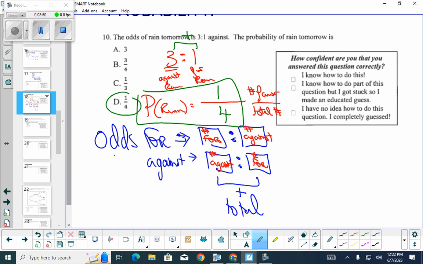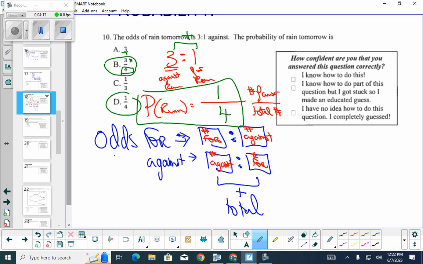Now look at choice C. Choice C is 1 out of 3. Can you see how you might be tempted to circle C, because you see a 1 and a 3 in the question? Can you see why you'd be tempted to circle A? Think of that as 3 over 1. What this one is, is probability because they got the total, but they went odds of it, probability of it not raining.